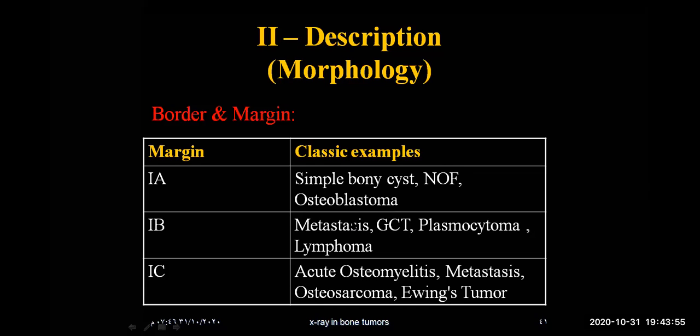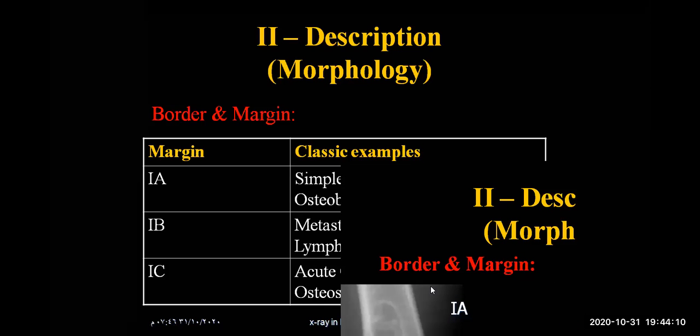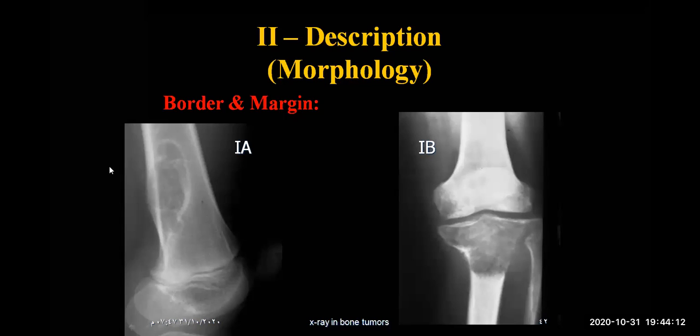B: plasmacytoma, multiple myeloma. C: acute osteomyelitis, metastasis, sarcoma. Now, this is a sclerotic margin.